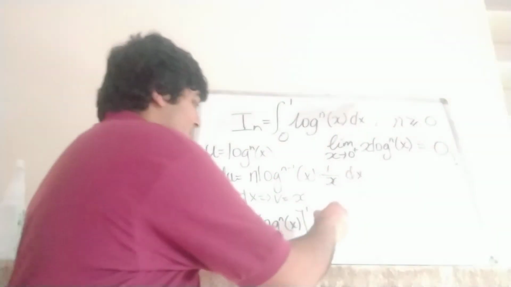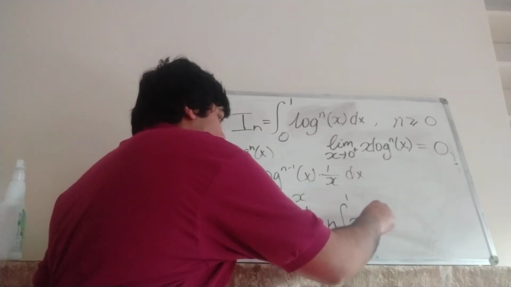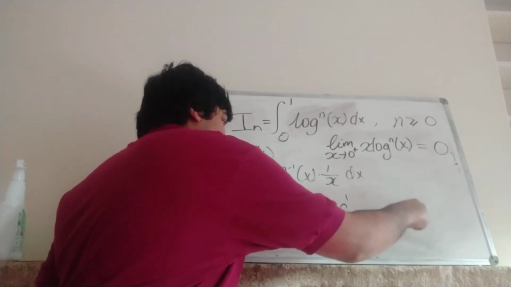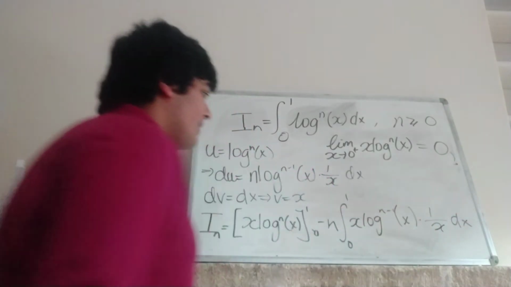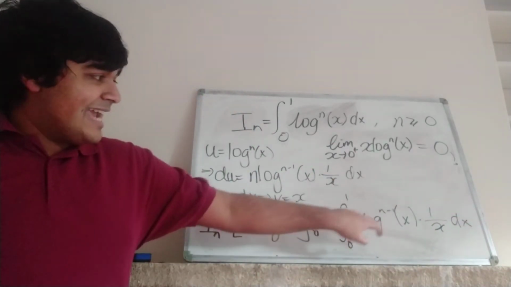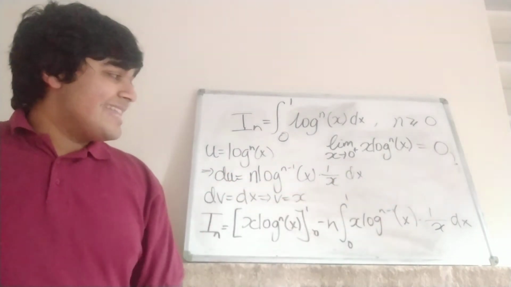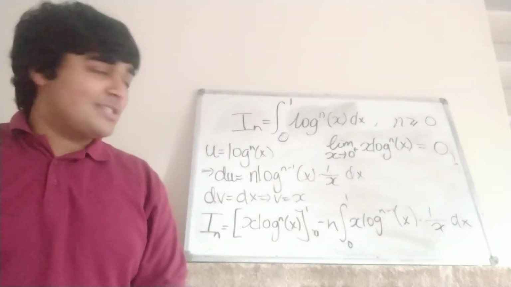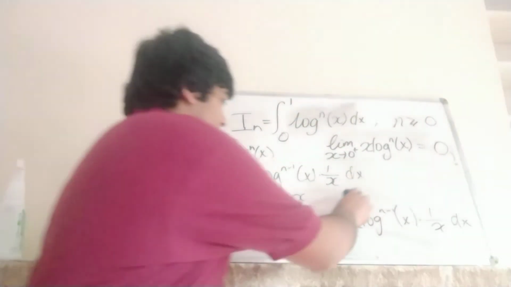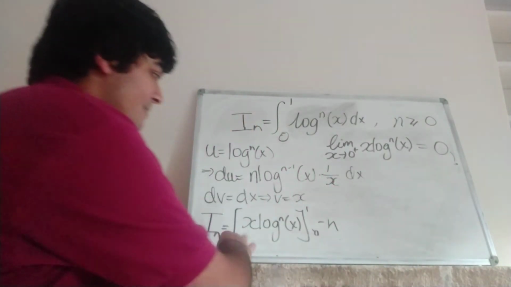So that's minus n times the integral from 0 to 1 of x times (log x)^(n-1) times 1 over x dx, like so. First and foremost, this x and that 1 over x cancel. So I'm just left with the integral from 0 to 1 of (log x)^(n-1) dx. But that is just precisely I_(n-1).